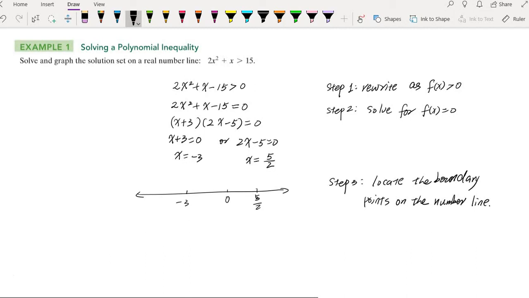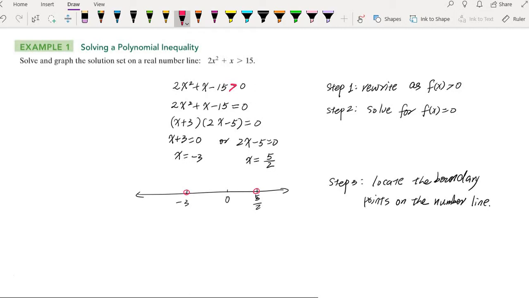When writing these boundary points, I had to go back and check what they want us to look for, which is greater than 0. It's not greater than or equal to 0. Because it's greater than 0, we're going to have an open circle for those boundary points.